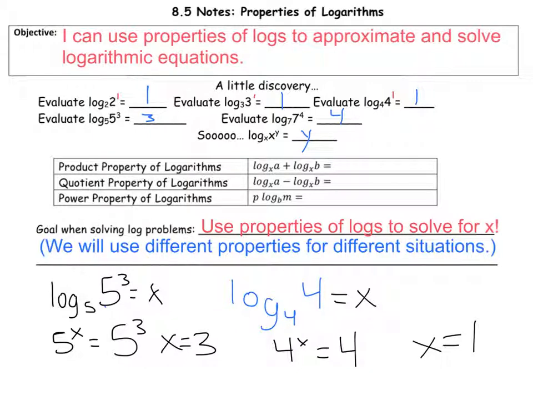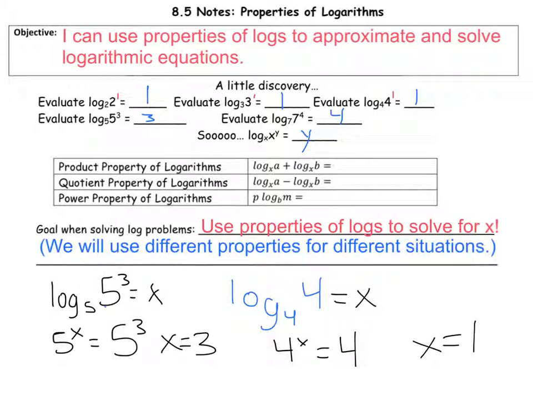Some properties that we're going to be looking at are the product property, quotient property, and power property. So looking at what these actually mean, when we're looking at the product property, we have two things that are being added together. They have that same small number, but they have different bases. So we have log x of a plus log x of b. And we can go back and forth between addition and multiplication when we're talking about logs.